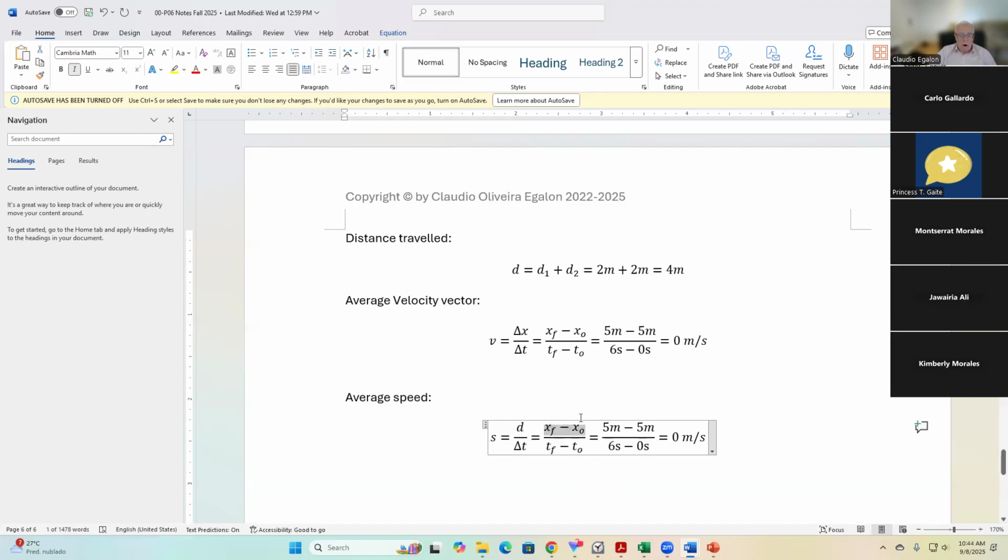It's going to be 4 meters, right? Here is 6 seconds. Downstairs is 6 seconds. And let's see, 4 divided by 6 is going to be 2/3 meters per second.